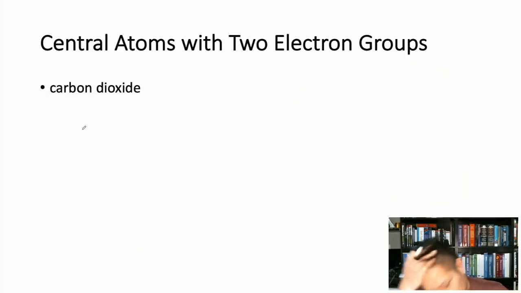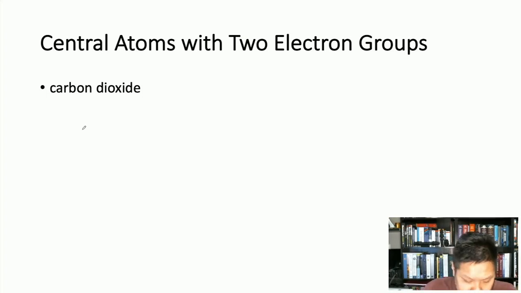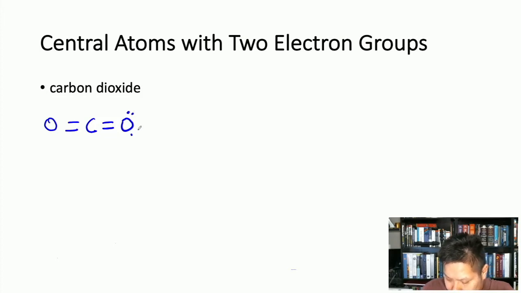Okay, so now let's do some examples to demonstrate VSEPR theory. You saw me do the example of carbon dioxide earlier with the Lewis structure, and it looks something like this. And by habit, because I'm a chemist, I put the lone pairs of electrons on the oxygen like this.